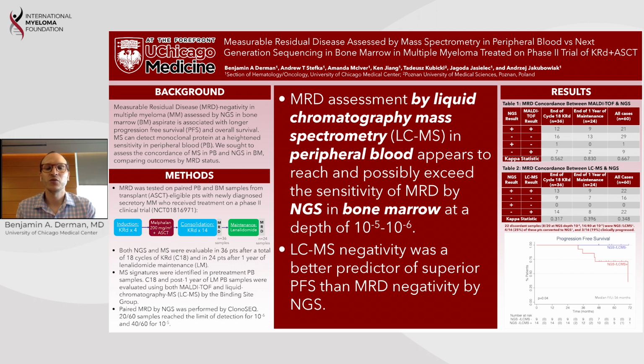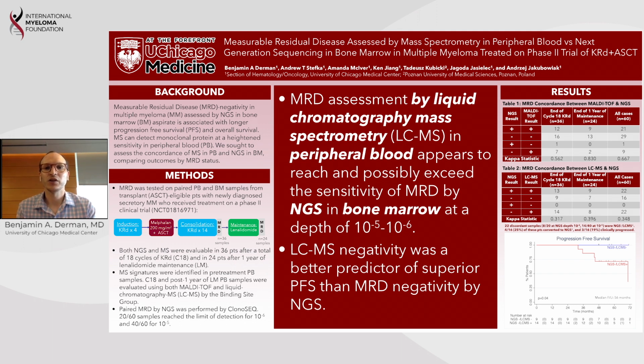Now, there's no way to know for sure if we had what we call false positives, meaning that the peripheral blood was picking up something that wasn't really there. It was an error. But one thing that we did look at was to see what happened to the patients who had a positive test on the peripheral blood versus those who had no disease detected on the peripheral blood.